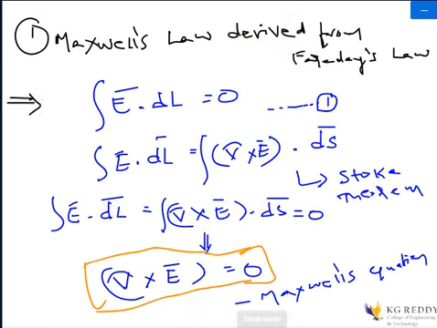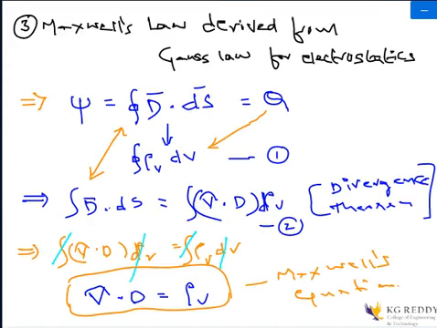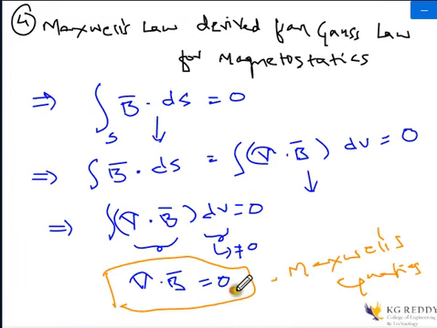Maxwell's first law: curl of E bar is equal to 0. Maxwell's second law: curl of H bar is equal to J bar, the current density. Maxwell's third law: divergence of D is equal to rho v. Maxwell's fourth law: divergence of B is equal to 0.